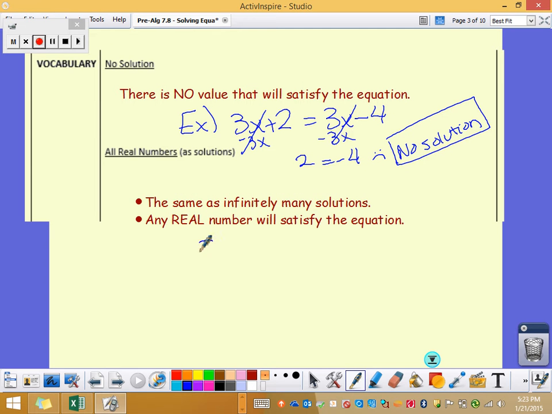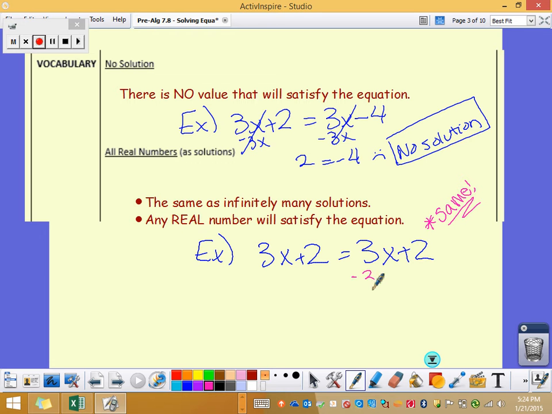Your example would be something like 3x plus 2 equals 3x plus 2. You should notice that this is the same on both sides. And that's how we know that if we were to subtract 3x, those are going to cancel out, and you'll be left with 2 equals 2.